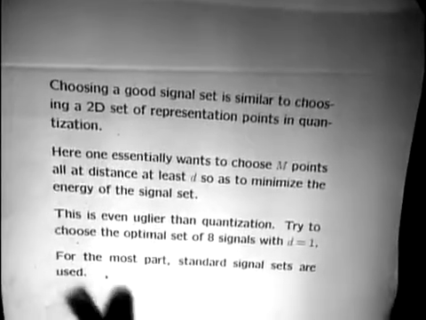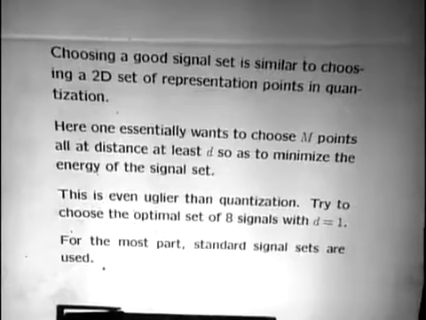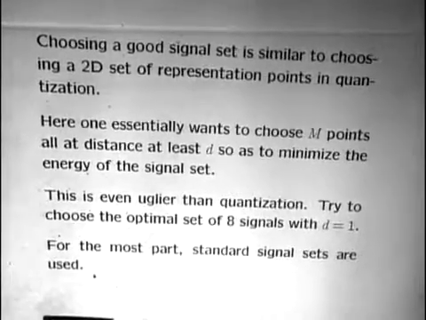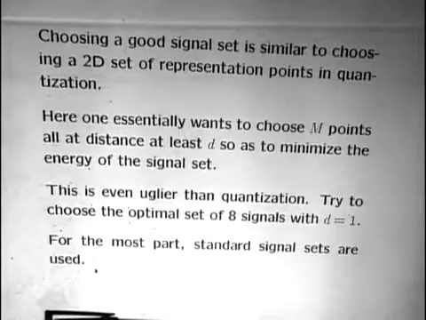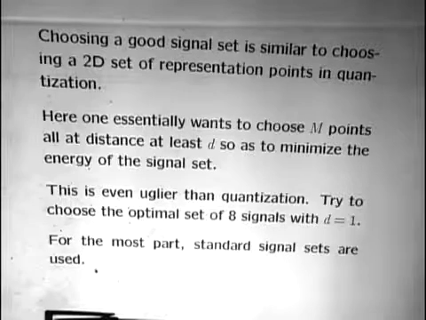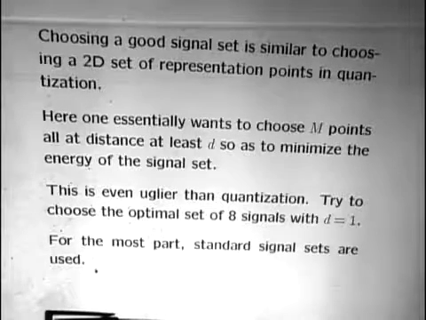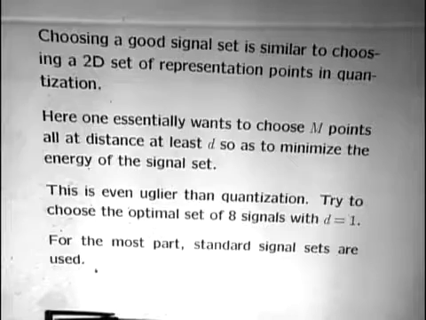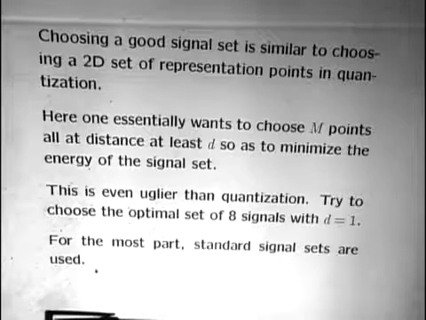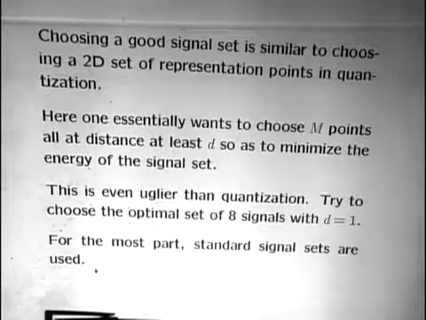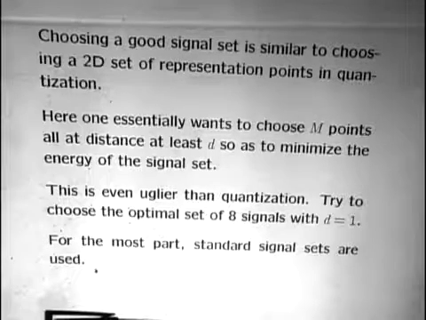Choosing a good signal set is similar to choosing a 2D set of representation points in quantization. If you like to optimize things, you see this problem and you say, gee, at least there's something I can put my teeth into here. What's the best way to choose a signal set?